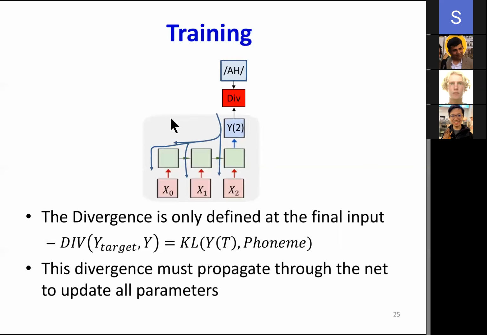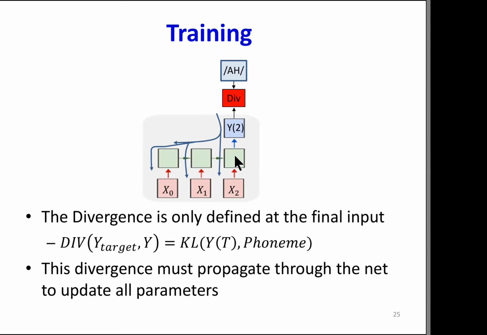Now, when you're training the model, you can define the divergence at this output. You have the actual output, you have the target output. You compute the divergence between the two, and you can backpropagate its derivatives all the way backwards through the network to update all the network parameters. But then this has a shortcoming.